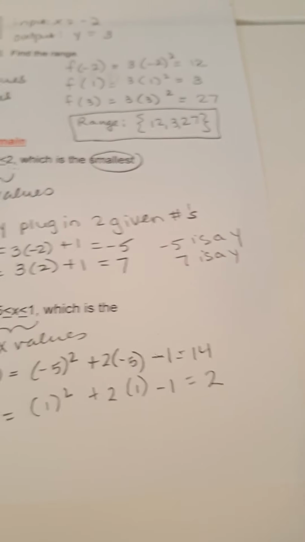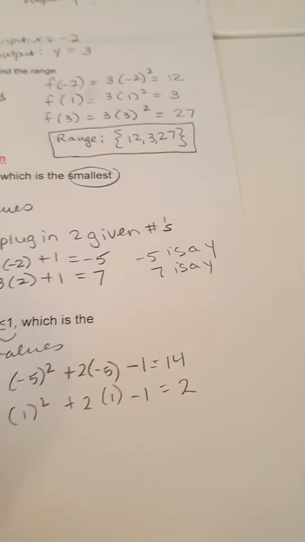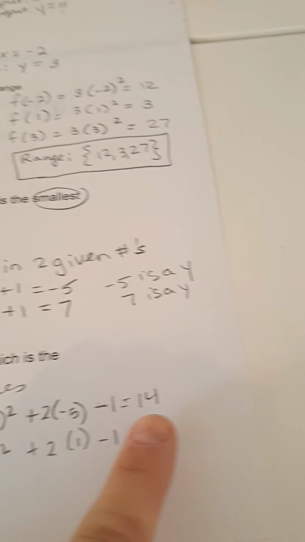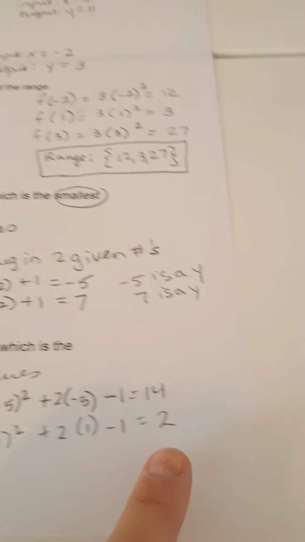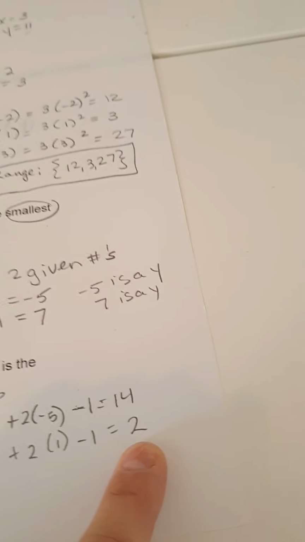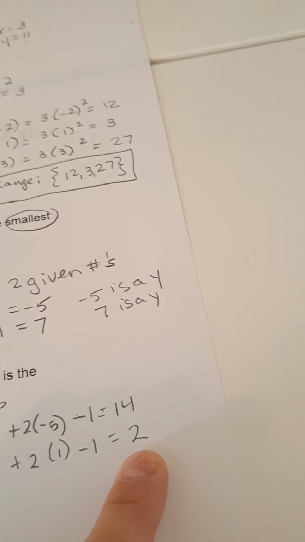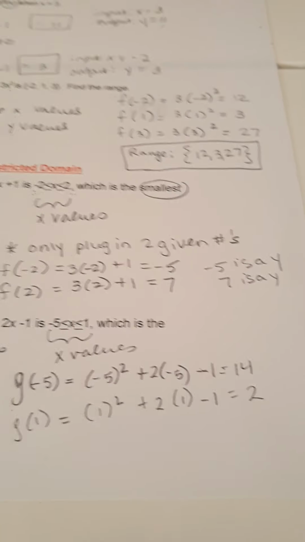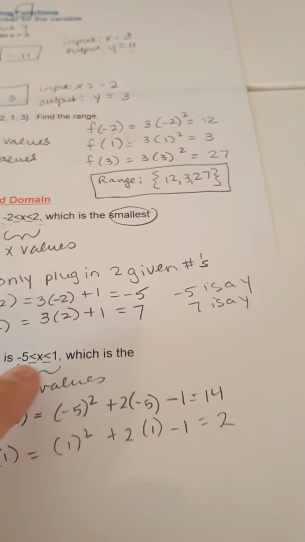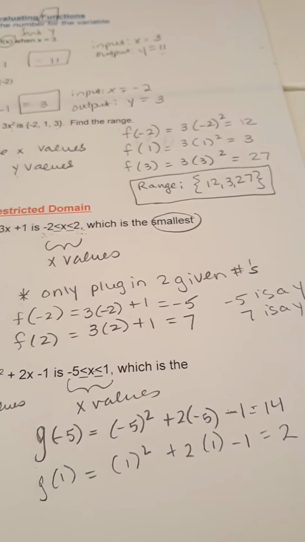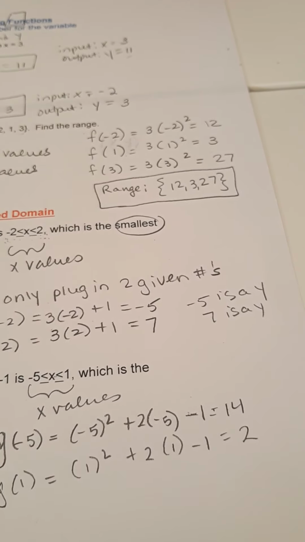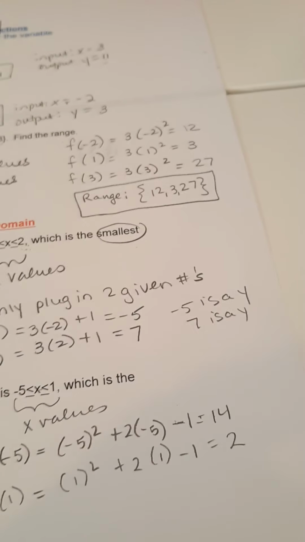Oh my gosh, look at this. I plugged in the smaller number and it gave me the bigger number. I plugged in the larger number and it gave me the smaller number here. So if you guys would notice, that's why it's worth plugging in both given numbers, just to make sure. Okay, so the answer here is choice B.